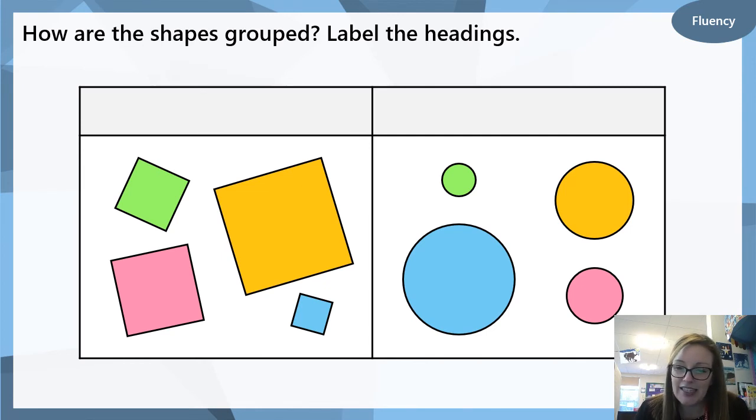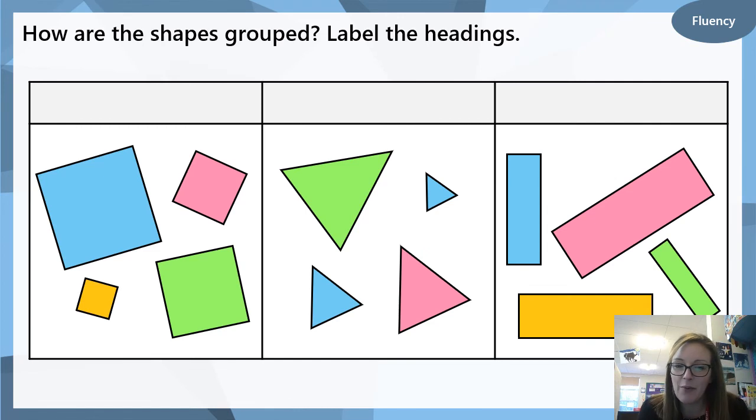Let's have a look at the answer. So we have squares. They're all squares because they've got four sides, four corners, and what's really important about a square is all of those sides are the same length. And the other group are circles because circles have no corners and they have one side.